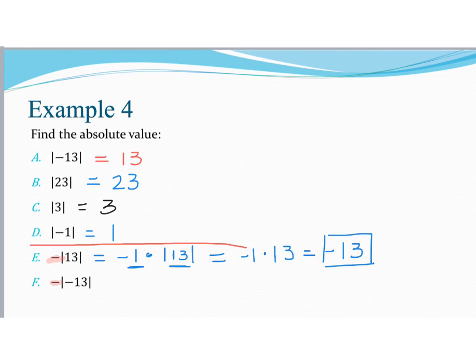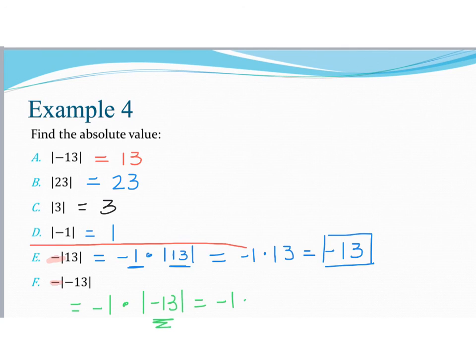F is going to be similar. F again has that negative 1 on the outside, so that's really saying negative 1 times the absolute value of a negative 13. Order of operations tells me I have to do my grouping symbol first.